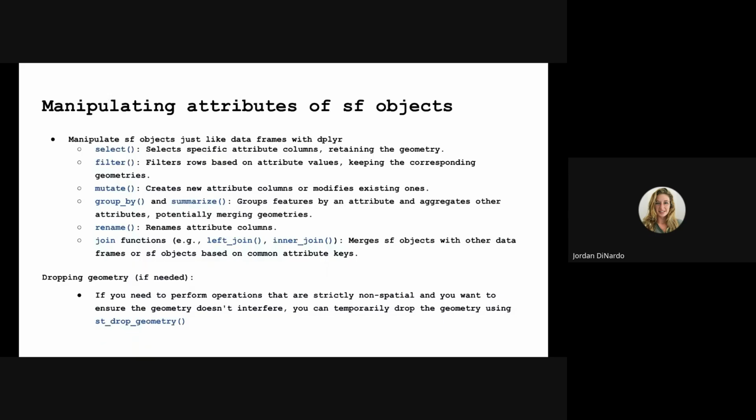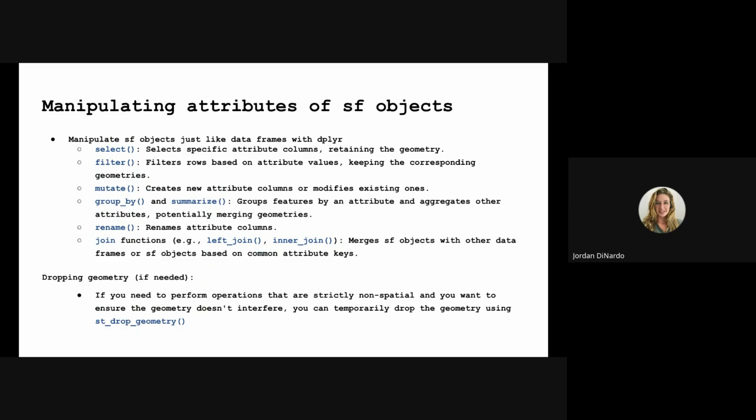Okay, so this should look familiar to some of the functions that we saw when working through dplyr, because they are. Again, the beauty of the SF package is it works well with dplyr and tidyr, because it's operating on the attribute data.